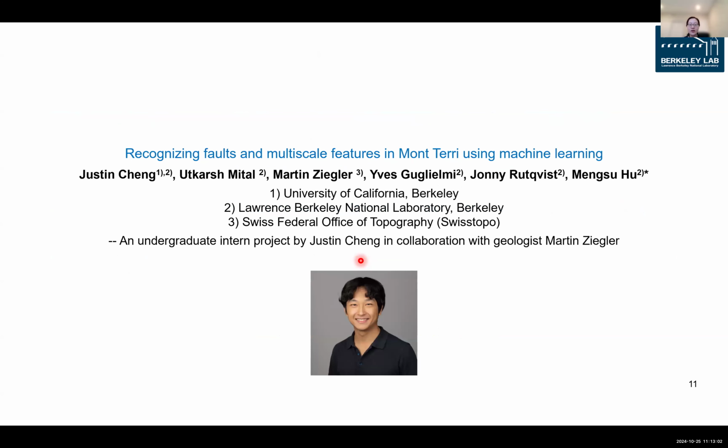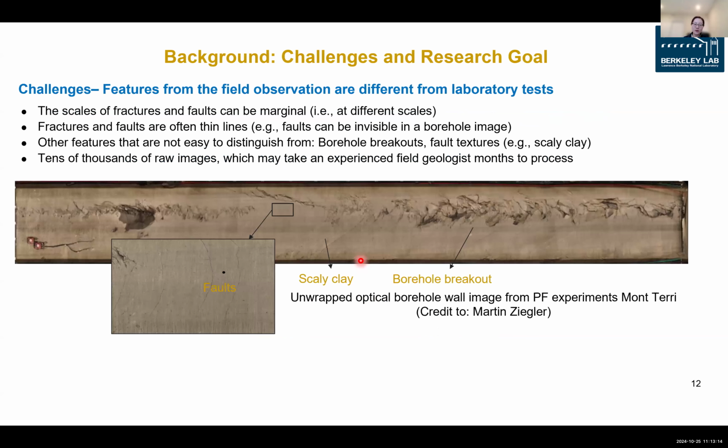Okay, so the first one was the project done by an undergrad student working with us in collaboration with Martin Ziegler, a field geologist from Switzerland. Here I want to start with this very comprehensive figure. It's the unwrapped optical borehole wall image from the progressive failure experiments in Monterey.